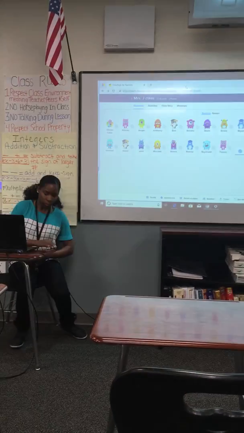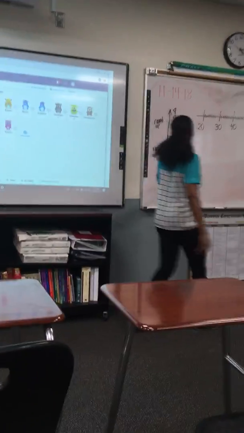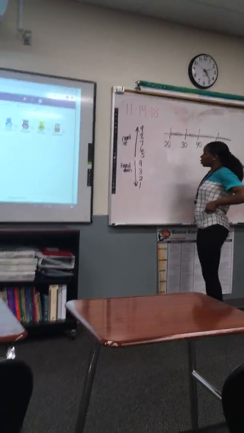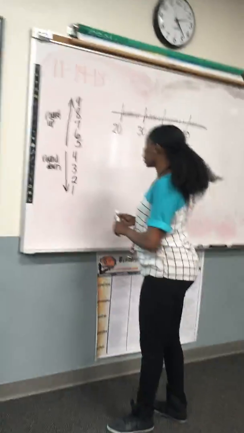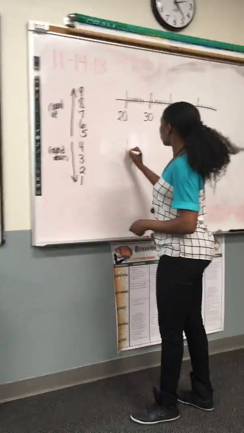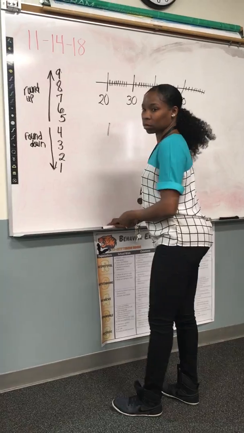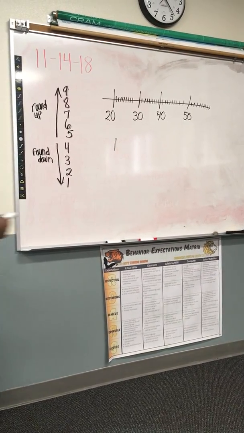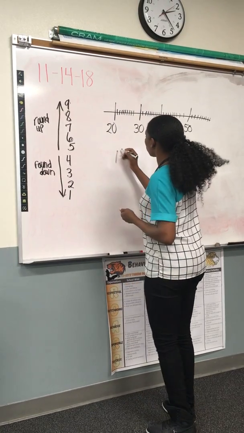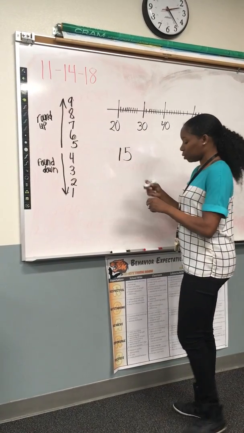Okay, so if you take out your notes, I want you to write this down so you know about the midpoints. Let's take 15. 1 is in the ones place and 5 is in the tens place.